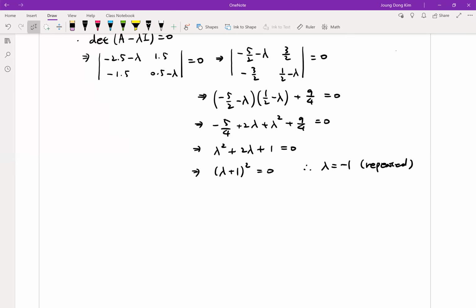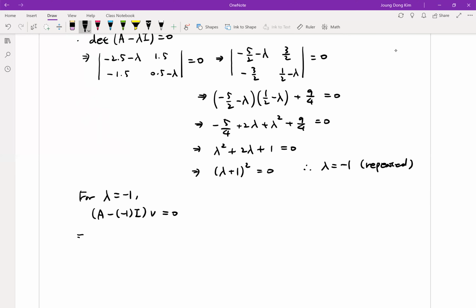Now we're going to find the corresponding eigenvector with lambda equal to negative 1. To find the eigenvector, we have to set up A minus lambda I times the vector v equals 0.